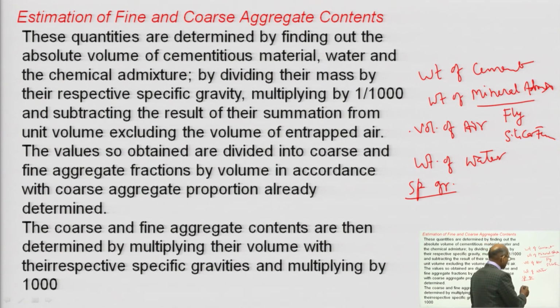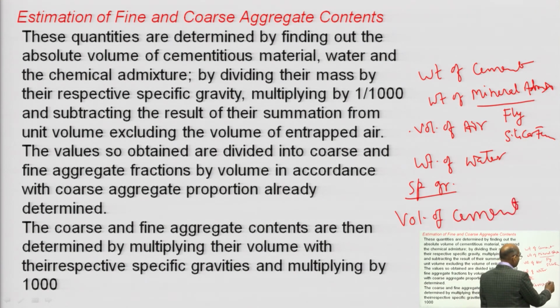So, how to get it? Suppose you want the volume of cement. What we have to do is take the weight of cement divided by the specific gravity, divided by 1000. So, this will give you the volume per meter cube.